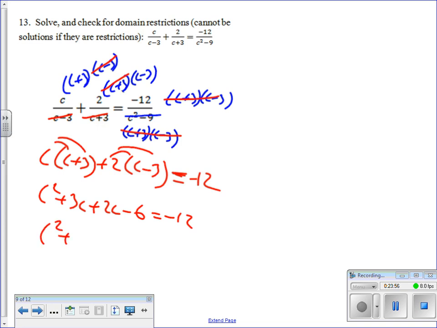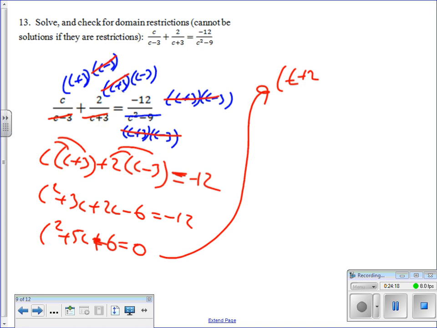C squared plus 5c plus 6 equals 0 because I add 12 to both sides. Two numbers multiply to give me 6 and add to give me 5. 2 and 3. C plus 2, c plus 3 is equal to 0. So c equals negative 2.